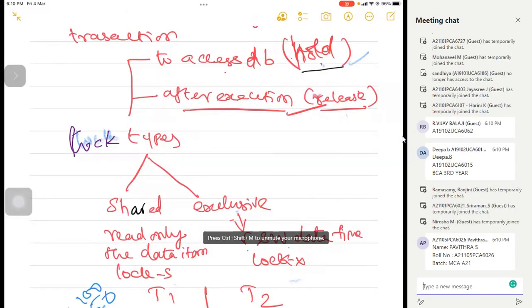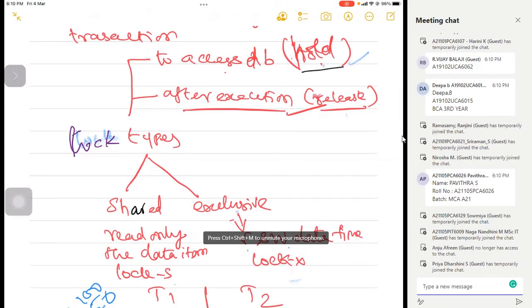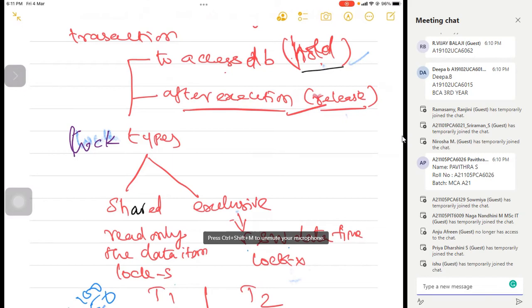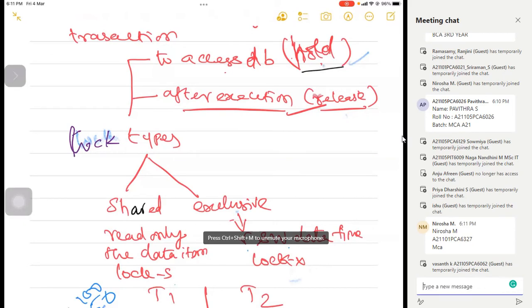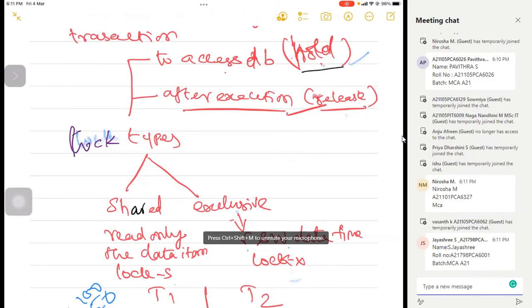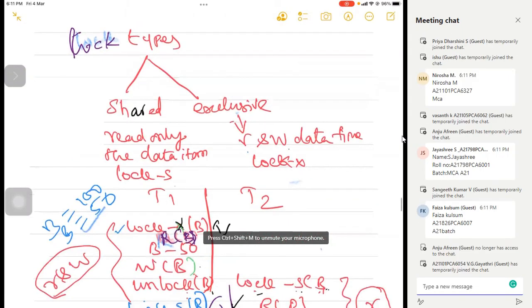Exclusive lock means if you want to update anything, if you want to transfer, any such type of operation you want to carry out on a particular part of the database, that part of the database should have the exclusive lock, that is, the read-write type lock. So lock-X, lock-S: S is shared lock, X is exclusive lock.